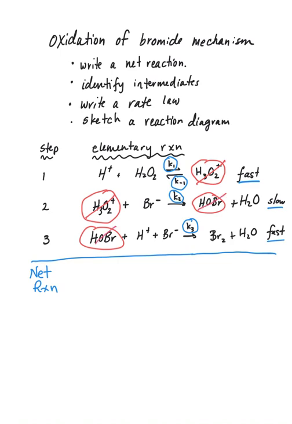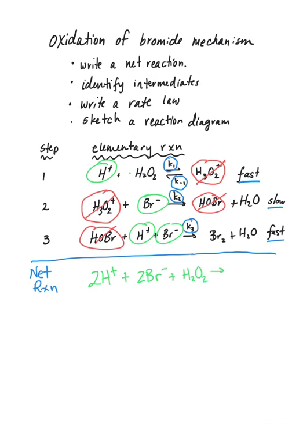Everything else is additive. We have 2 H pluses on the left-hand side of our net reaction, 2 bromides, and H2O2.